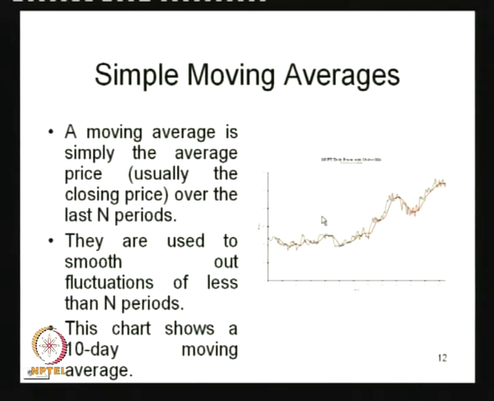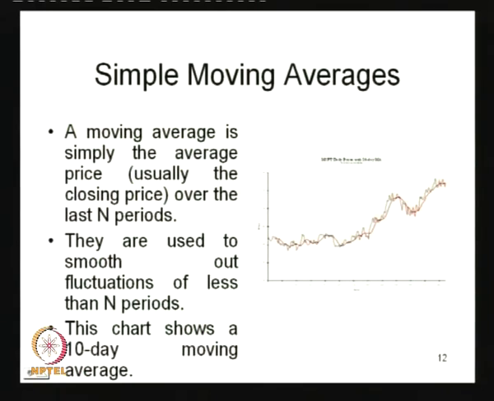Then coming to the second instrument, the other instrument we always use, that is moving averages. There are various types of moving averages we generally use in the market to take decisions, to analyze the price of the stock or the trends in the price of the stock, and to say when the price will go up and when it will go down.